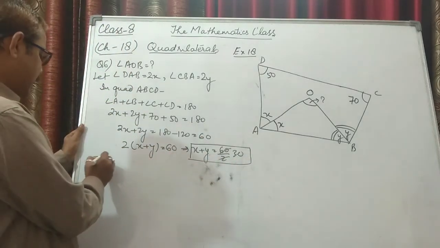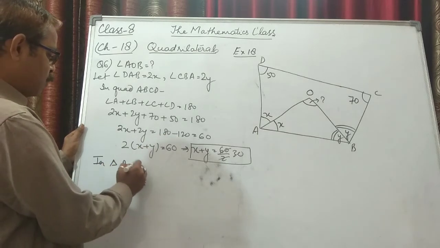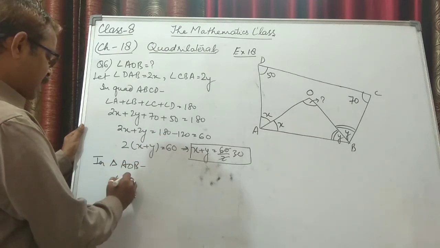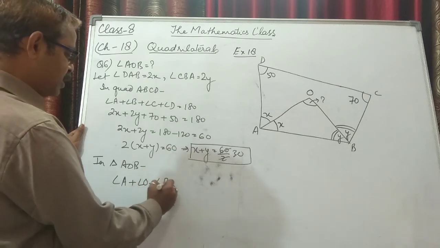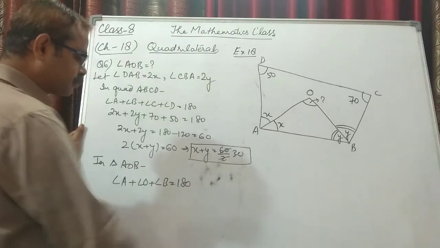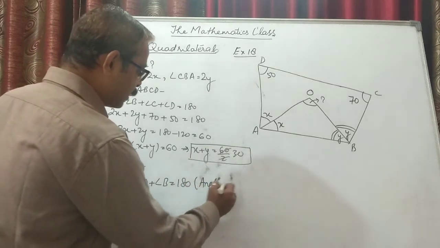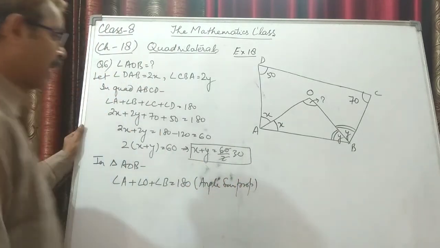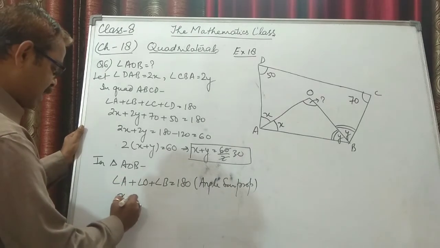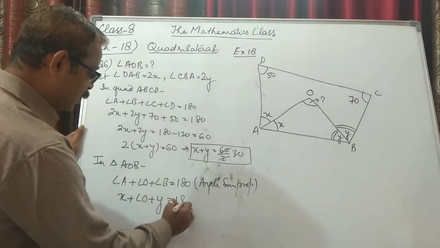Now we will take triangle AOB. We know that angle A plus angle O plus angle B is equal to 180. Angle sum property, if you want you can even write it. Now angle A is x, angle O we need to find out, angle B is y, is equal to 180.